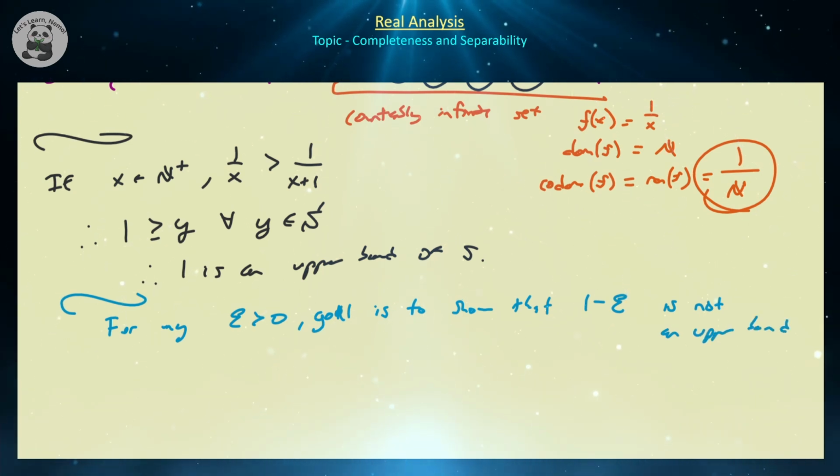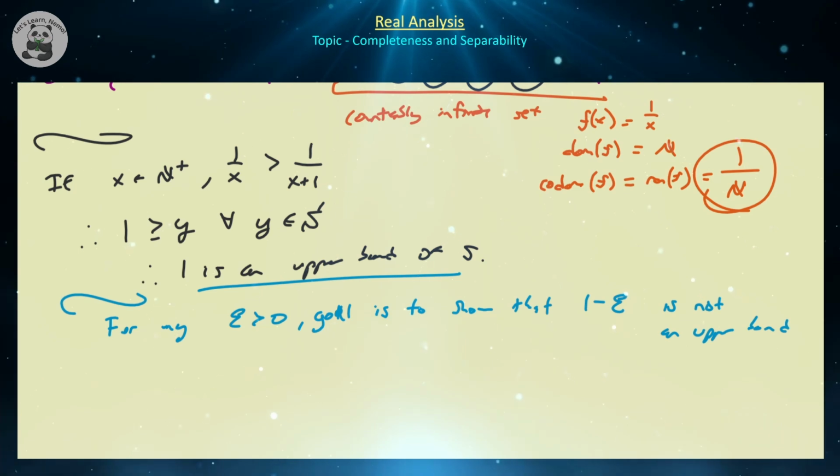So if we get arbitrarily close to 1 from the left and show that that is not an upper bound, then we have evidence to believe that 1 is indeed the least upper bound, provided that it is an upper bound in the first place, right? So this is that little theorem that we proved about the set of real numbers and upper bounds and least upper bounds, right?